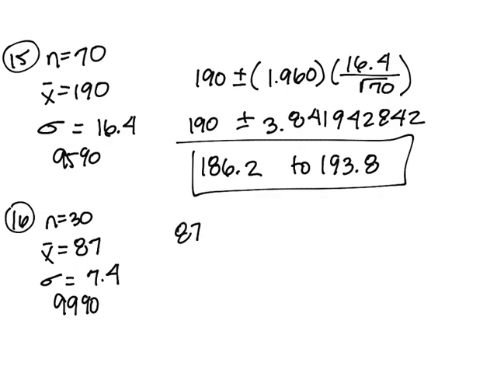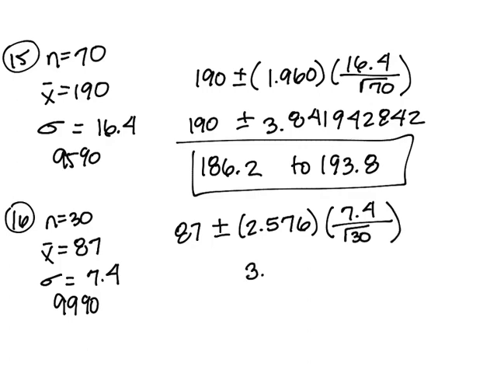So we're going to have 87 plus or minus, 99% represents 2.576, times 7.4 divided by the square root of 30. That should give you an error of 3.48030216 that we're going to add and subtract from 87.